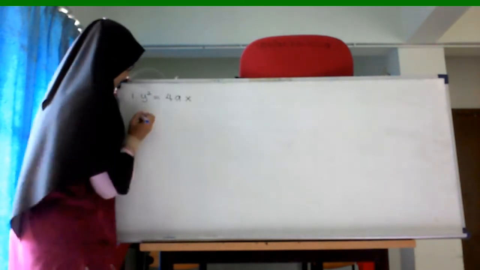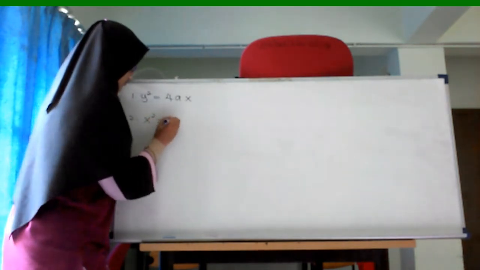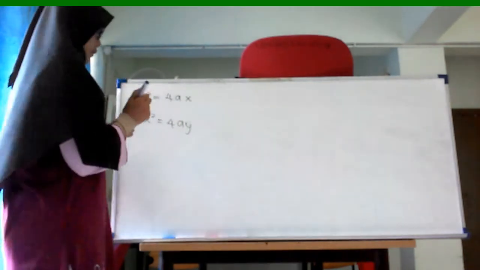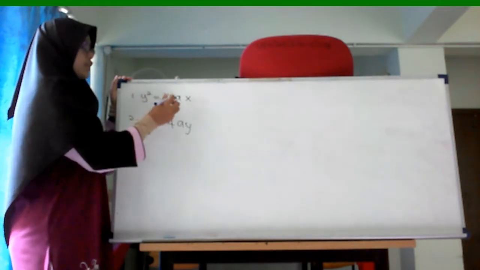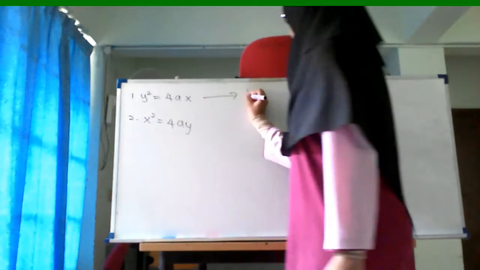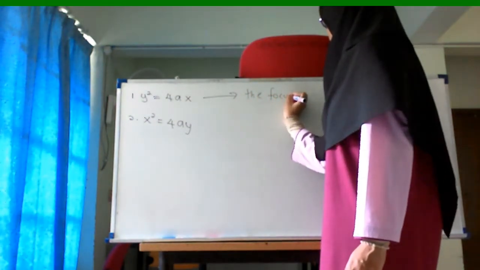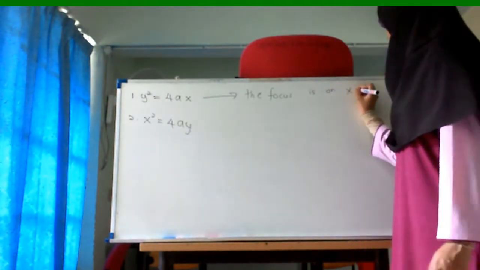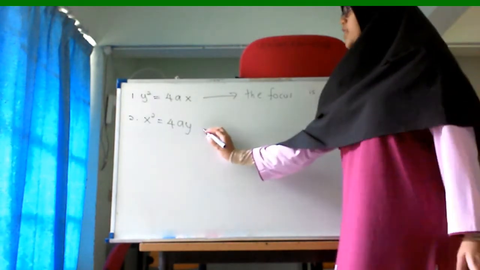Where y squared is equal to 4ax, the focus is on the x-axis, and when x squared is equal to 4ay, the focus is on the y-axis.